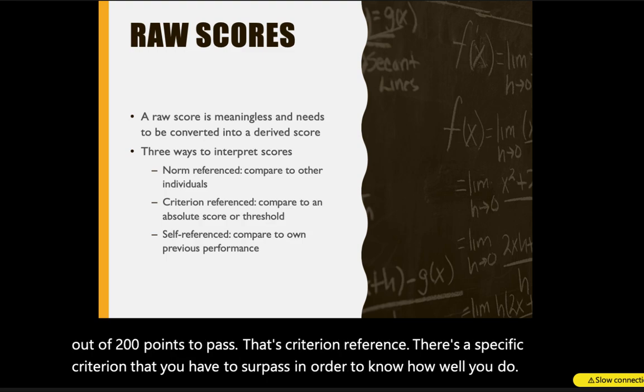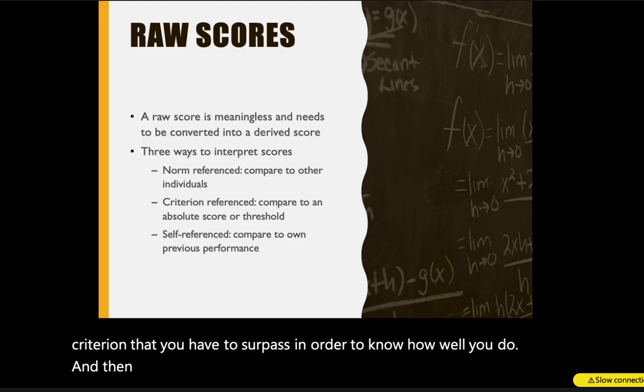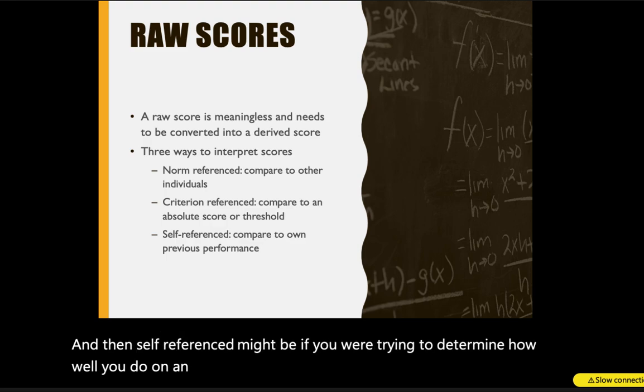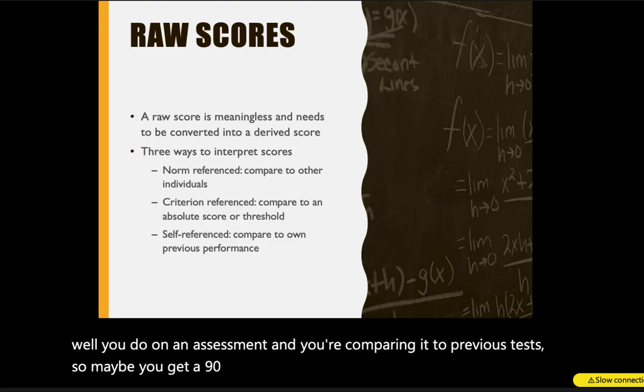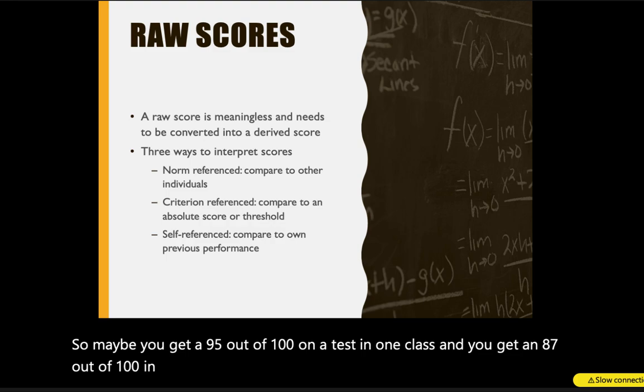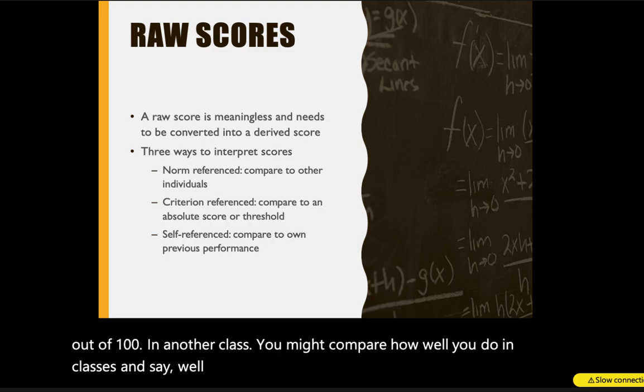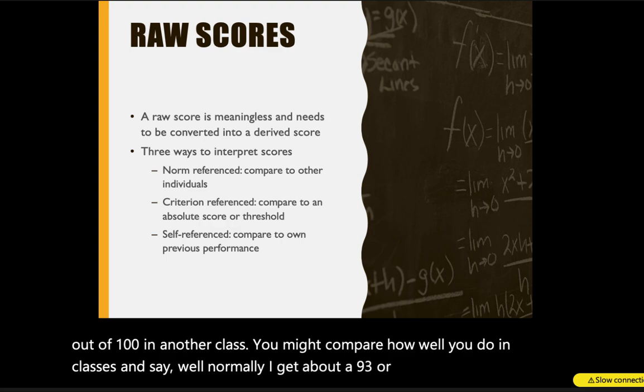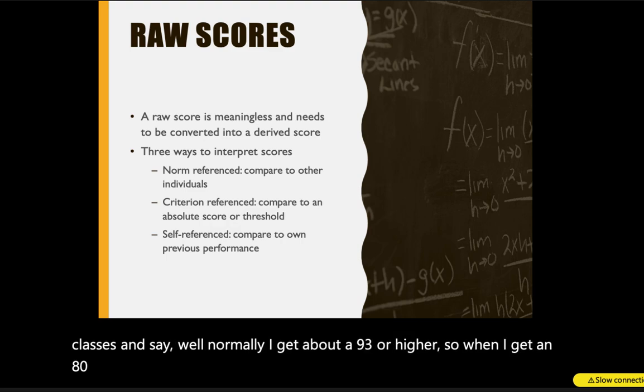And then self-referenced might be if you are trying to determine how well you do on an assessment and you're comparing it to previous tests. So maybe you get a 95 out of 100 on a test in one class and you get an 87 out of 100 in another class. You might compare how well you do in classes and say, well, normally I get about a 93 or higher, so when I get an 87, that's a pretty low score for me.